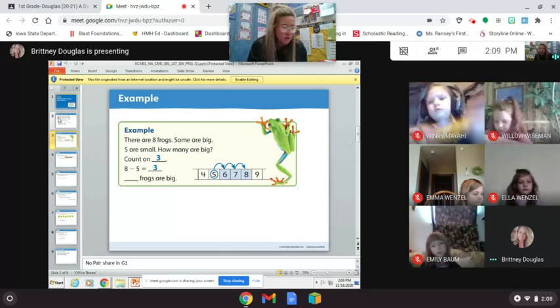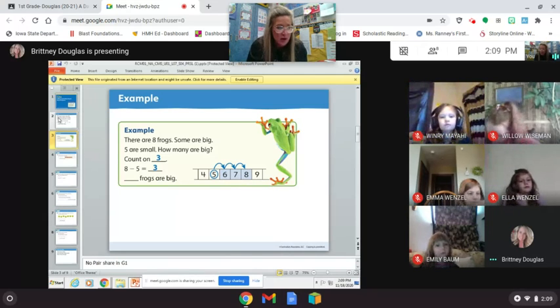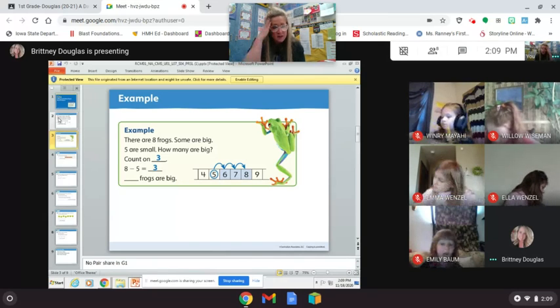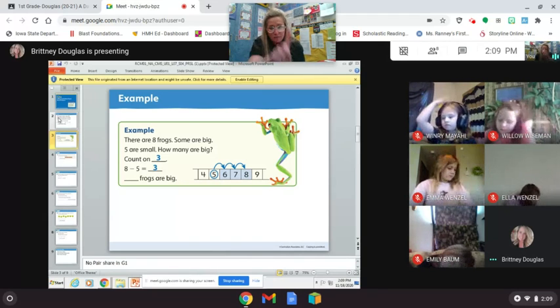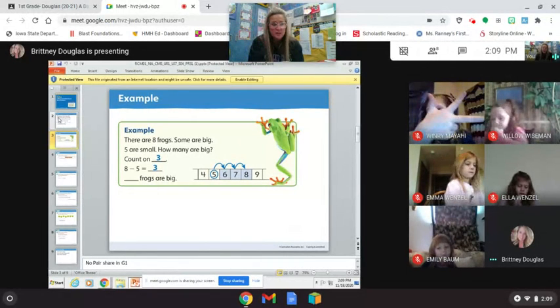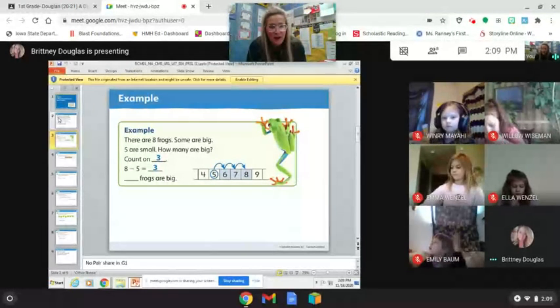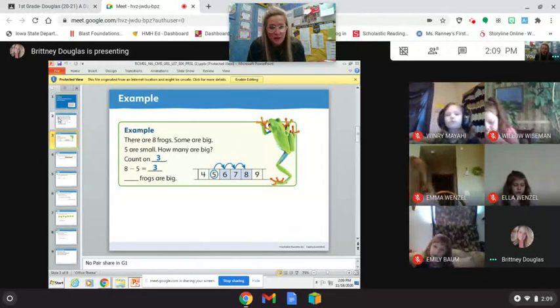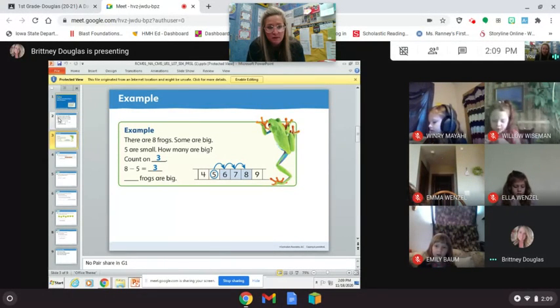It shows you that 5 is circled, and you're trying to get to 8. So you would say 5 on your head or on the circle, and then you would jump 6, 7, 8, and that's 3 jumps. So 8 minus 5 would be 3. And you would write 3 frogs are big. 5 are small, 3 are big. Put them together, that equals 8.